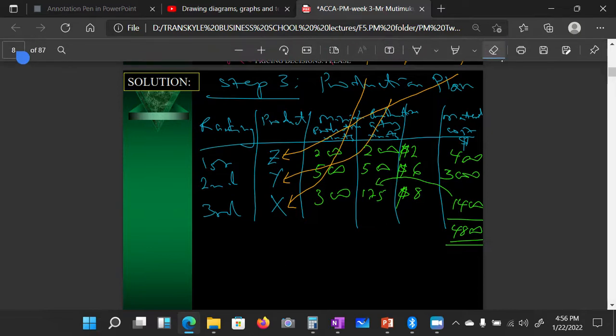They do not add value. So we have to minimize the production. We have to produce according to demand. So on the last part, this should be the balancing figure, and then you do it backwards.